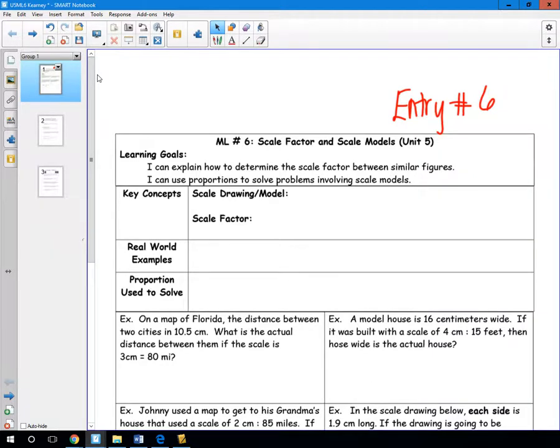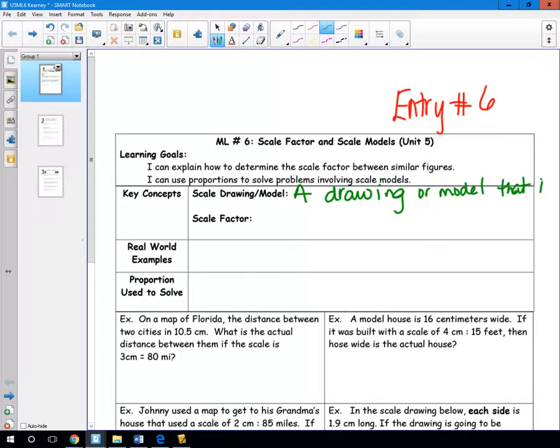So let's get those definitions down. A scale drawing or a model is a drawing or model that is similar. And think about, we just talked about what similar figures are. Remember, similar figures are the same shape, but not necessarily the same size.